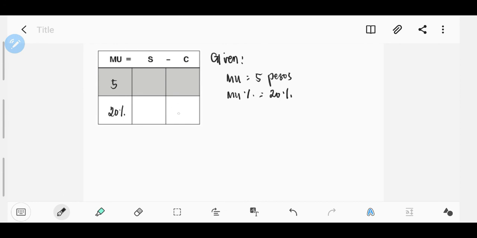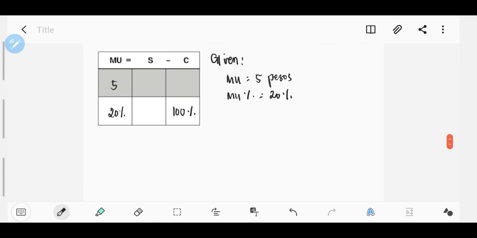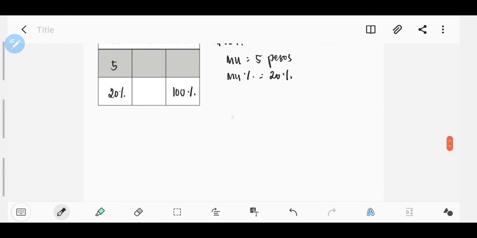Laging tandaan, the cost is 100%, diba? So, paano natin ngayon makukuha yung cost? Pwede ulit tayong gumamit ng ratio and proportion. So, if 5 is 20%, 5 pesos is to 20%, what is 100%? Diba? So, lagyan ulit natin ng n.